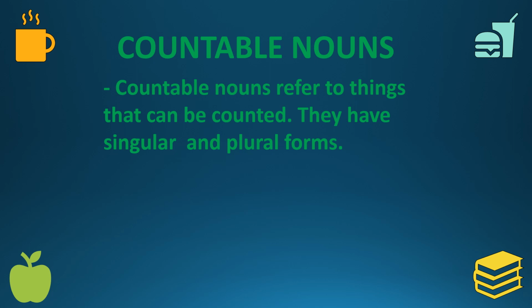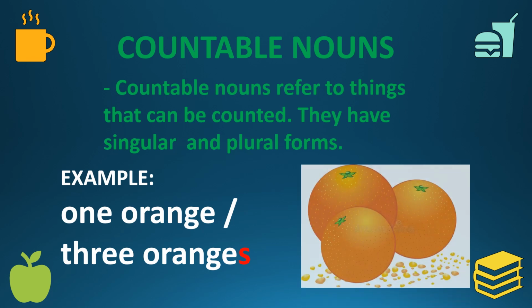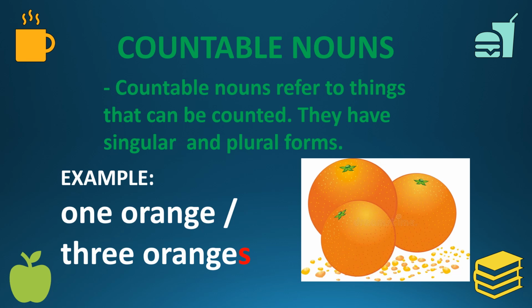Countable nouns refer to things that can be counted. They have singular and plural forms. Example: 1 orange or 3 oranges.